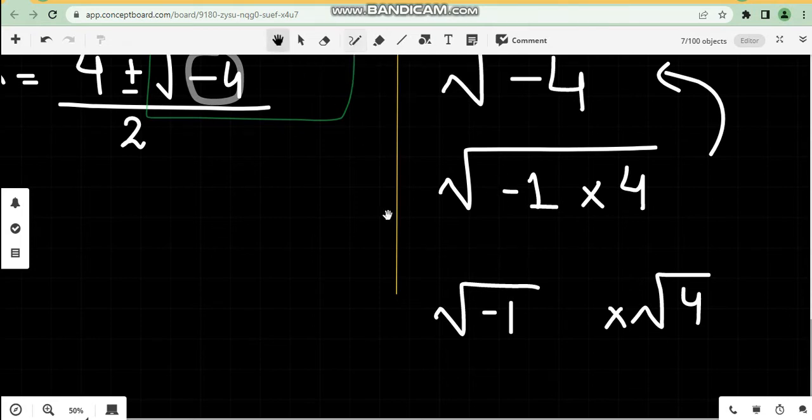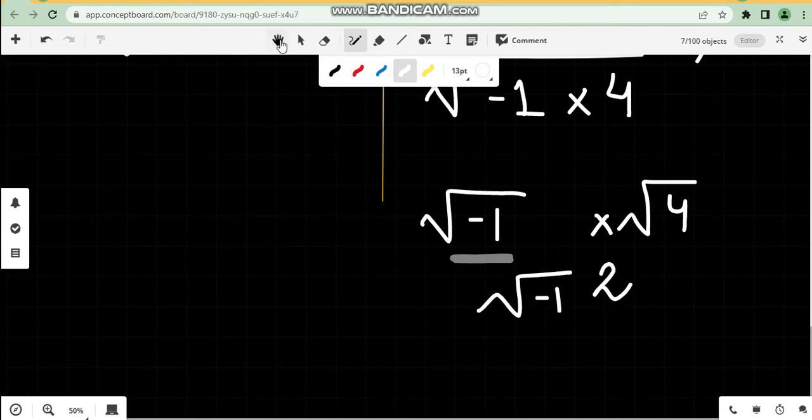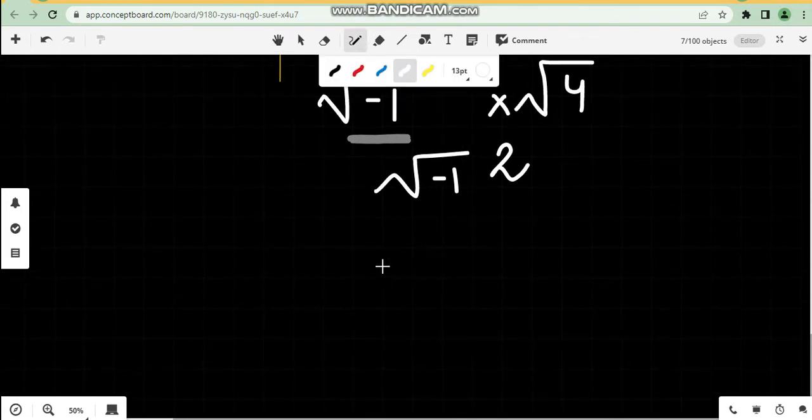So square root of -1, we can't simplify. This is the imaginary part, because it's a negative number under the root. And square root of 4, we know that's 2. So I'll write 2 here, times square root of -1. The imaginary part we represent when negative numbers are given to us: i square equals -1.